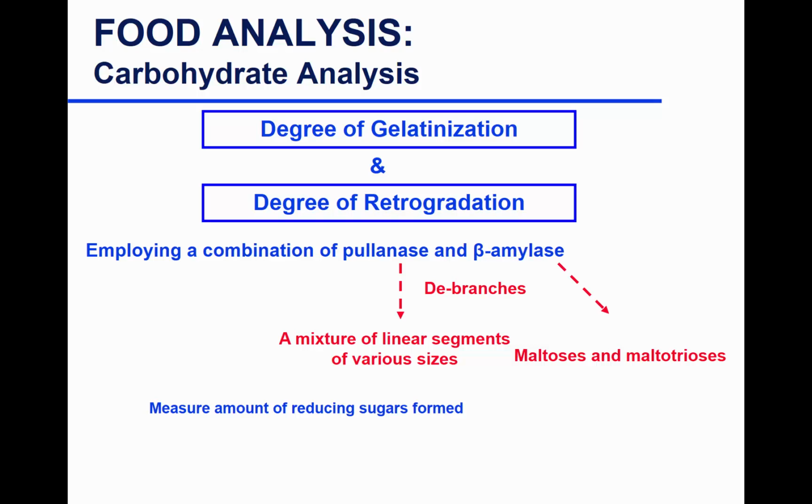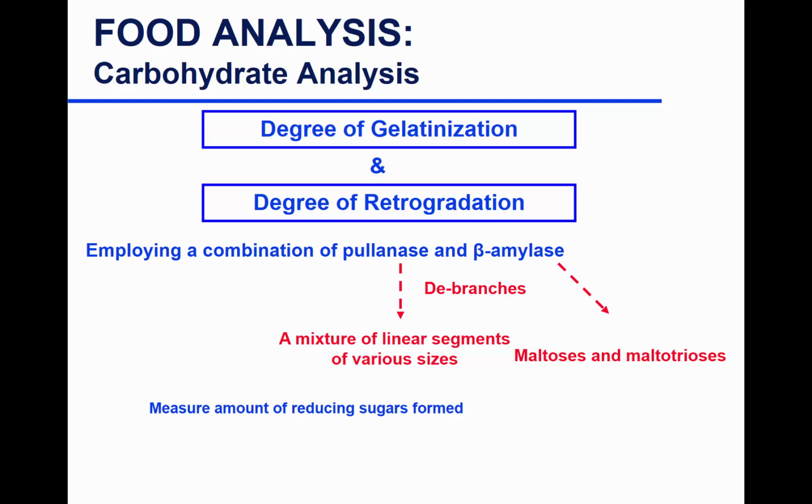If you're suspecting retrogradation and you want to determine how much retrogradation occurred, then you would do the same thing, but instead you won't get as much maltose and maltotriose. You won't have as much reducing power. So there is a conversion to determine how much retrogradation occurred in a particular product.